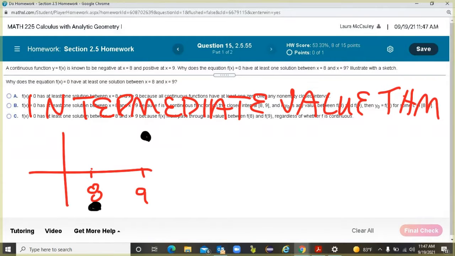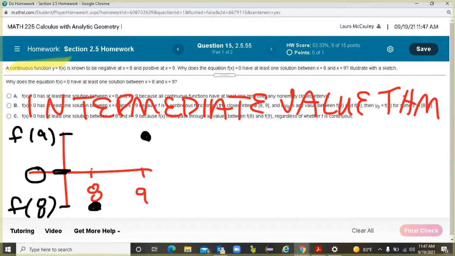Now, what the intermediate value theorem says is, well, let's come over here. This is f of 8, whatever that value is. This is f of 9, whatever that value is. The intermediate value theorem says that if you have a continuous function, keyword continuous, and you have two values, f of 8 and f of 9, and you pick any number between f of 8 and f of 9, how about 0?